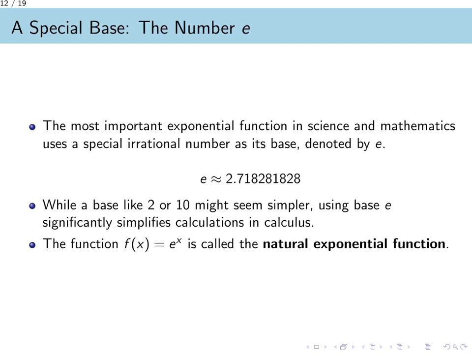The single most important base for an exponential function is a special irrational number we denote with the letter e. This number is approximately 2.718, and much like pi, its decimal value continues forever without any repeating pattern. It might seem strange to use such a specific, non-integer base rather than something simple like 2 or 10.